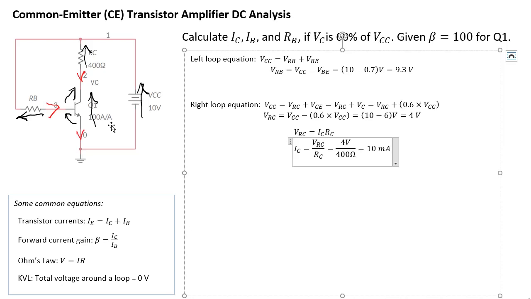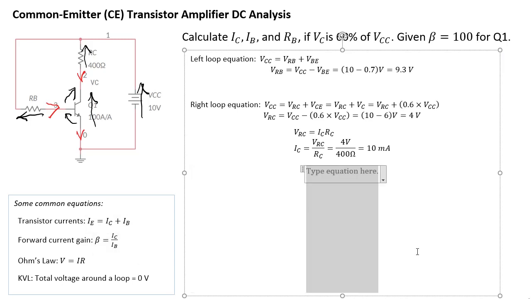Since we have IC, we can work out what IB is through the beta relationship. So we can say IB is equal to IC divided by beta.